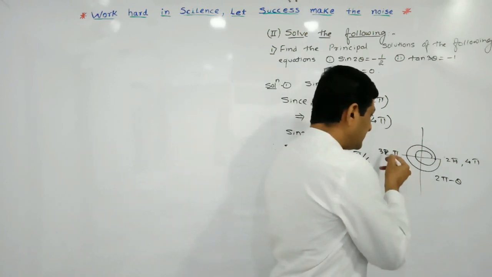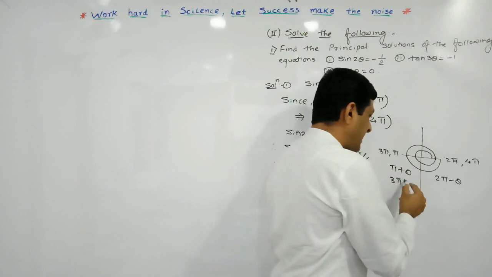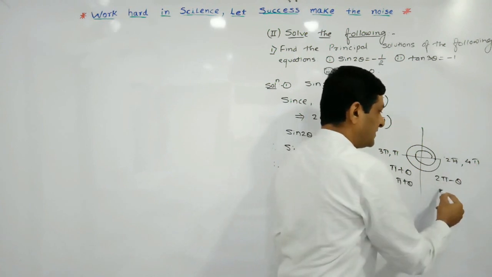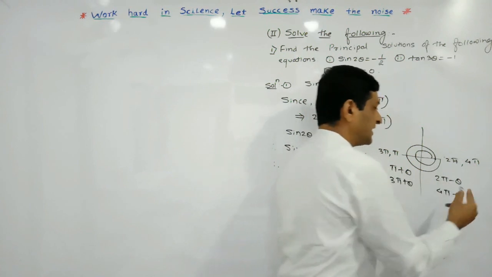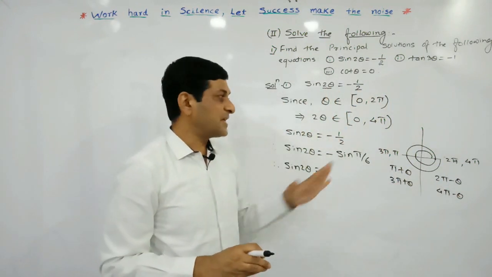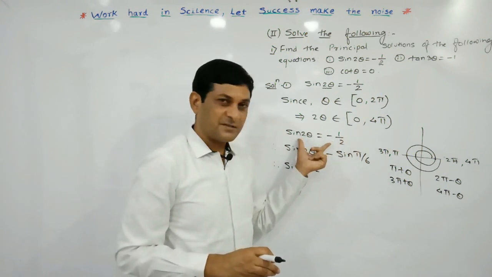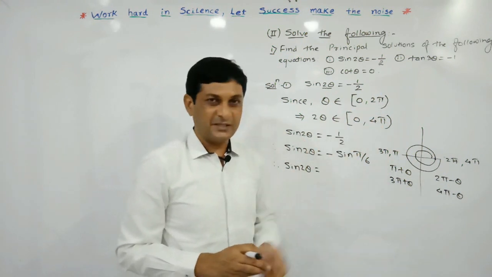So the next values are 3 pi plus theta and 4 pi minus theta. In this way we will get 4 values which satisfy the trigonometric equation and lie in this interval.